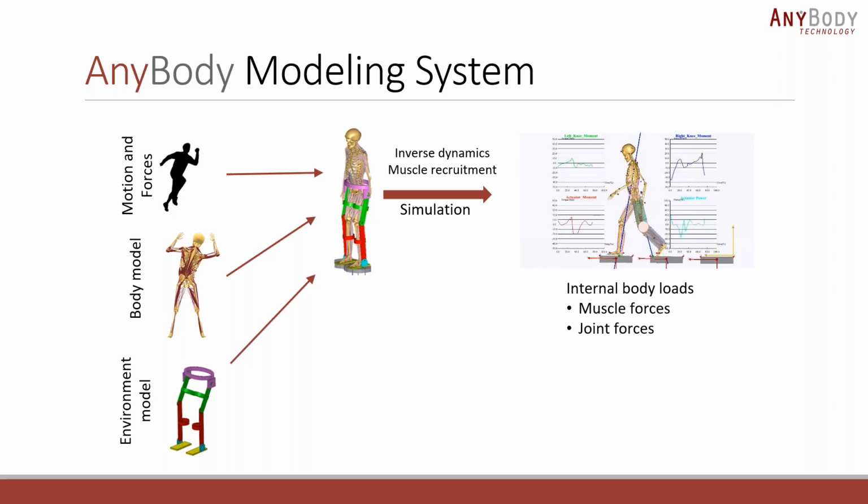It's a gait analysis of a human wearing some sort of assistive device, and you can see this assistive device being engaged around the knee joint. The AnyBody modeling system computes all kinds of kinematic parameters, muscle forces, joint forces, and all kinds of internal body loads that are quite difficult to measure otherwise.